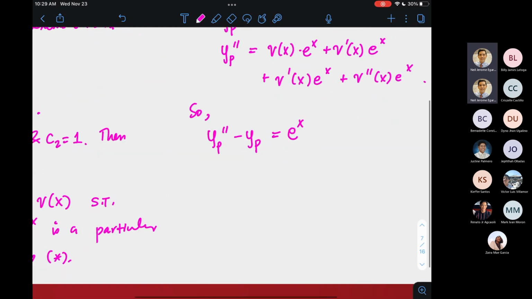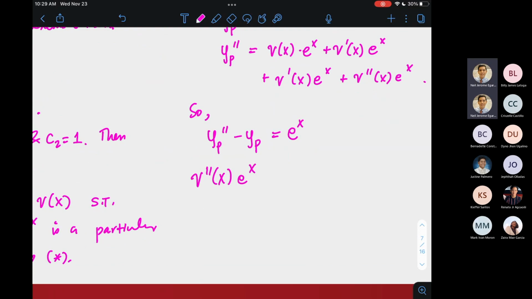So we will have v double prime of x e to the x plus 2v prime of x e to the x because this and this have the same coefficient. So I'll have 2v prime of x e to the x equals e raised to x. If this looks very tedious to you, you can drop the of x here, but just keep in mind that v is a function of x.